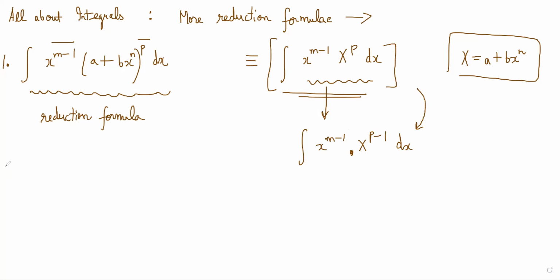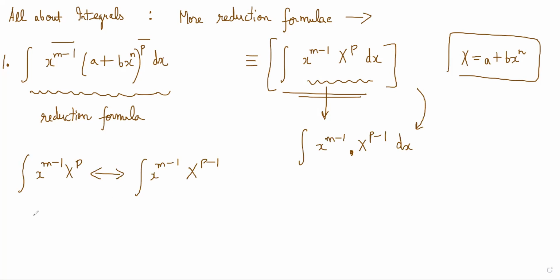So here is the general rule. The general rule is this. In order to connect an integral like this, x power m minus 1, capital X power p, to another integral, x power m minus 1, capital X power p minus 1, right?